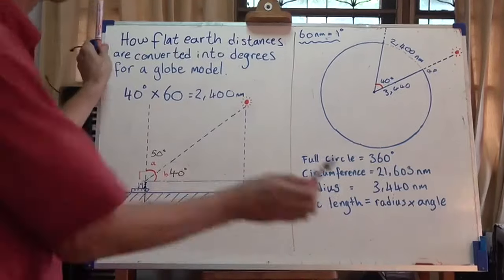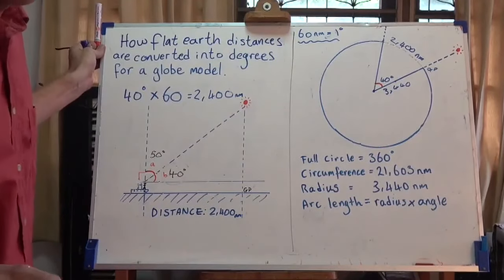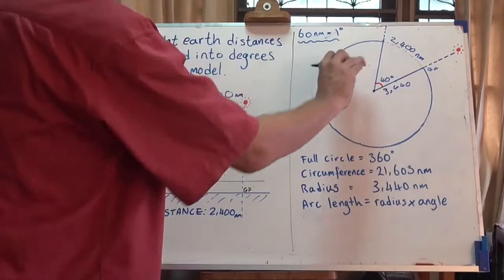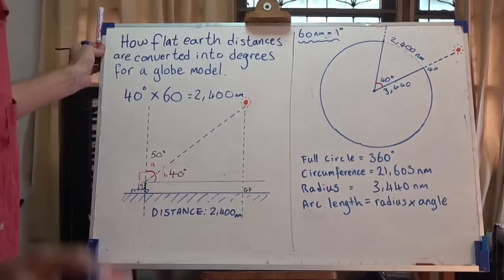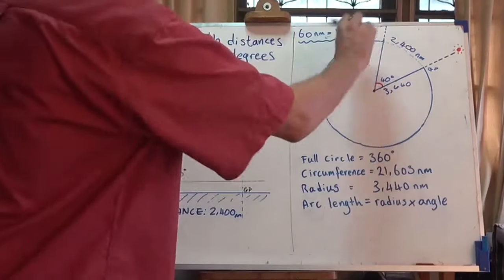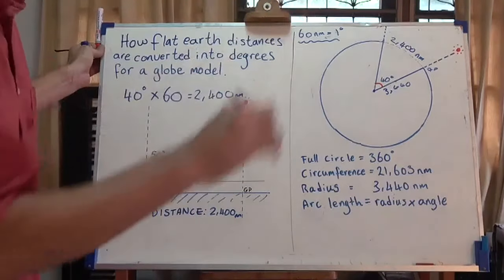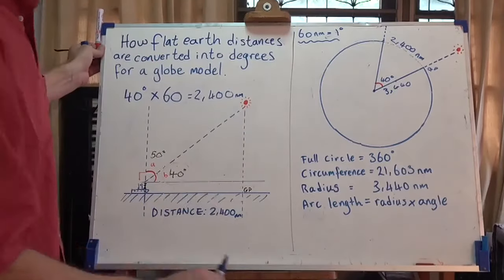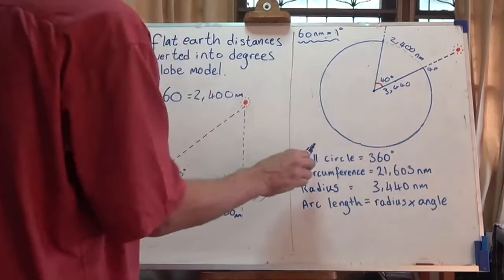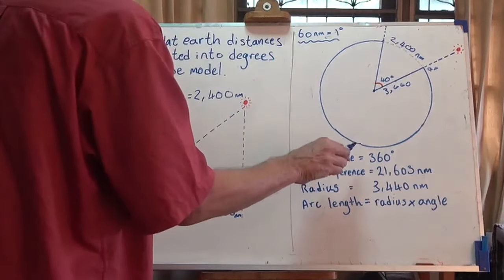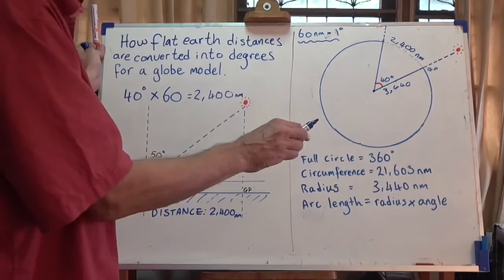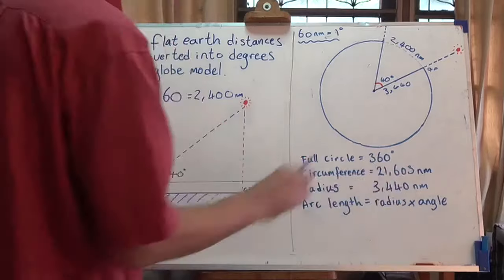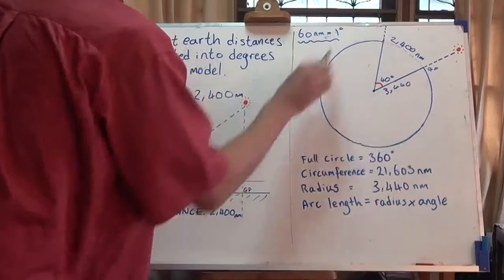Okay, so the globe model is basically made up of all these great circles that eventually give you this three-dimensional shape, because each one is separated by a longitude. So that then you get your slices. Okay, but this isn't a slice. This is just a circle of 360 degrees that represents 21,603 nautical miles in its circumference.